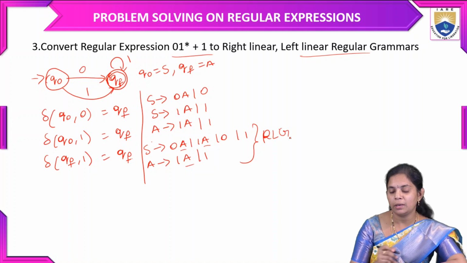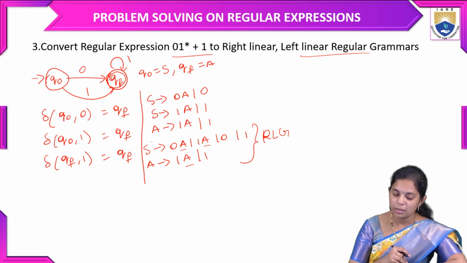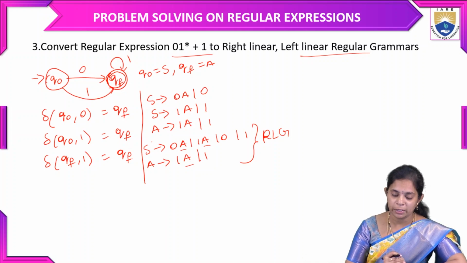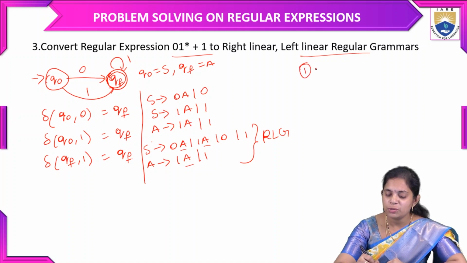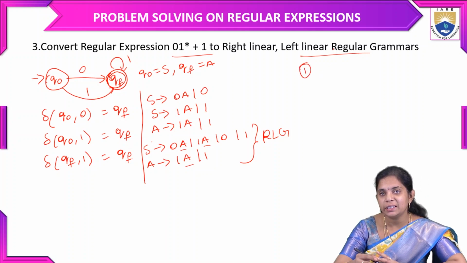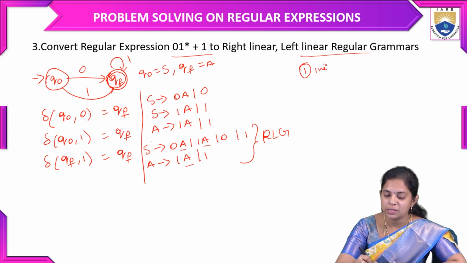So we have the right linear grammar, and now we need to convert it into a left linear grammar. So how to convert to the left linear grammar? We have steps. First, we need to interchange the positions of the initial and final states.